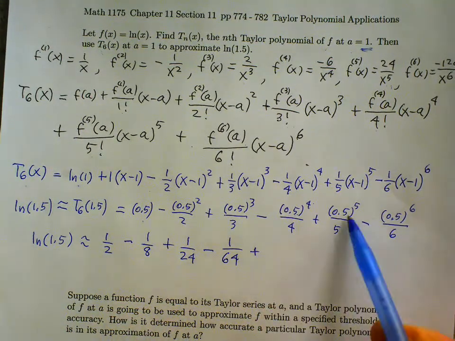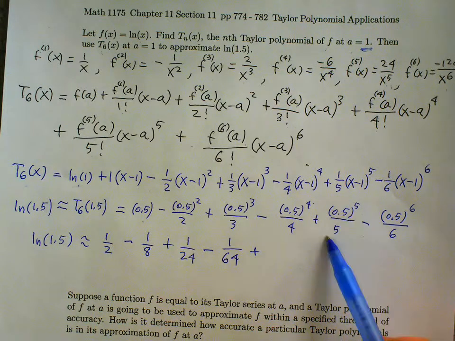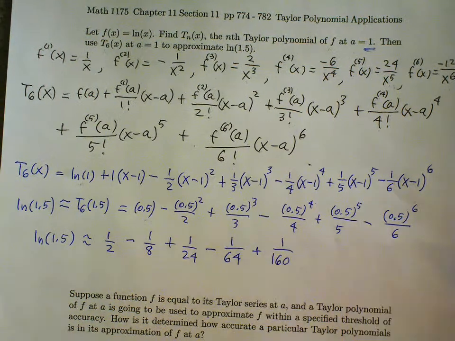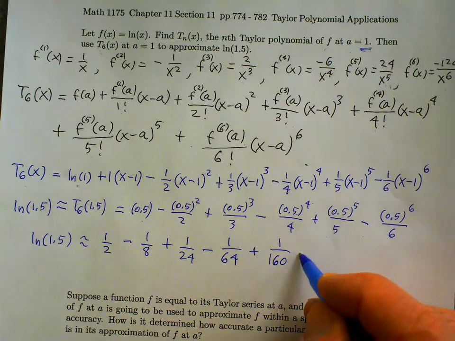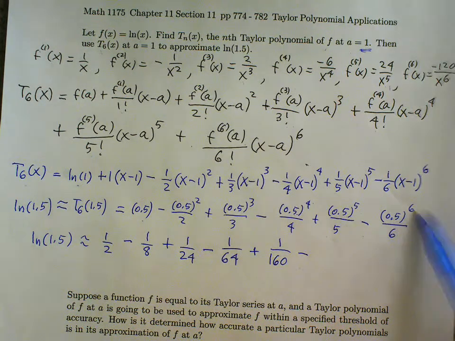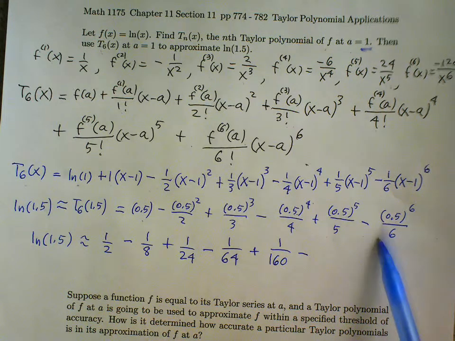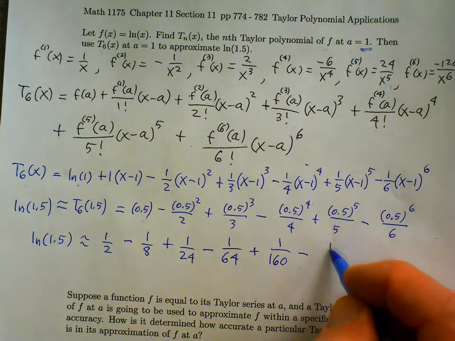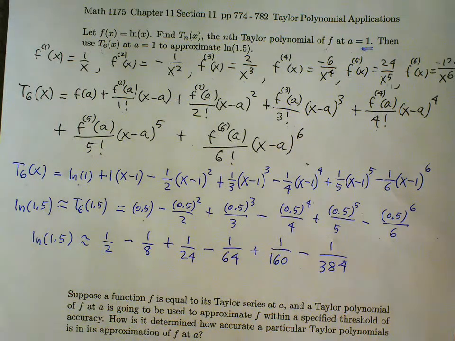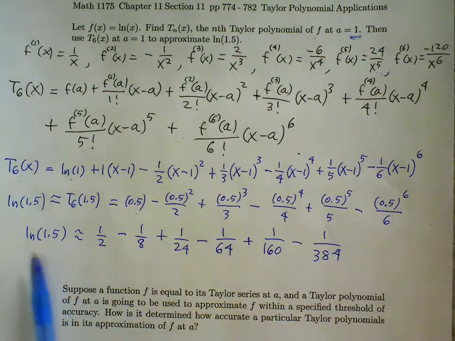Then the next term, 1/2 to the fifth, is 1 over 32. And 1/5 times 1 over 32 is 1 over 160. And then finally, minus 1/2 to the sixth is 1 over 64. And 1/6 times 1 over 64 is 1 over 384. Okay, so that's another way to look at how to approximate the natural log of 1.5.